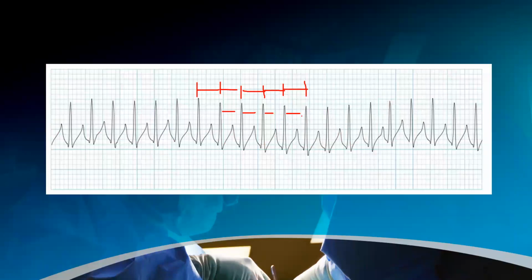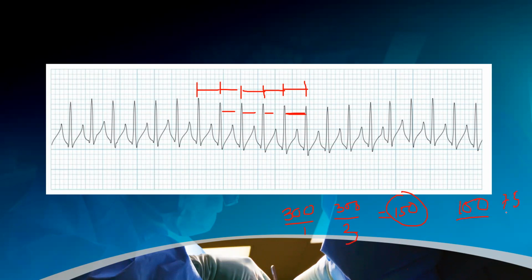Now, if you see in here, mostly one large square, 1, 2, 3, 4, 5. So one large square in between two RR intervals. You just remember it by 300 divided by 1. So this patient has a heart rate of 300. Sometimes if there are two large squares in between two RR intervals, that becomes 150. If there are three large squares, that becomes 100.